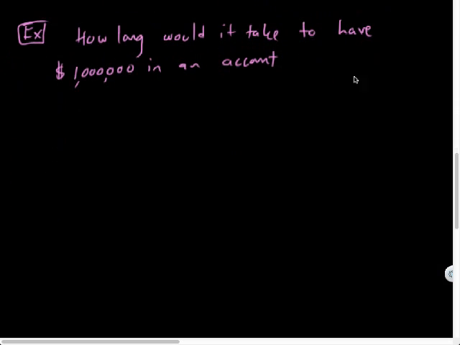Let's see, if we invest, say, I don't know, say I put 10 grand in an account at let's say 8.25% interest. That would be a nice chunk of interest right there, and it compounds monthly.